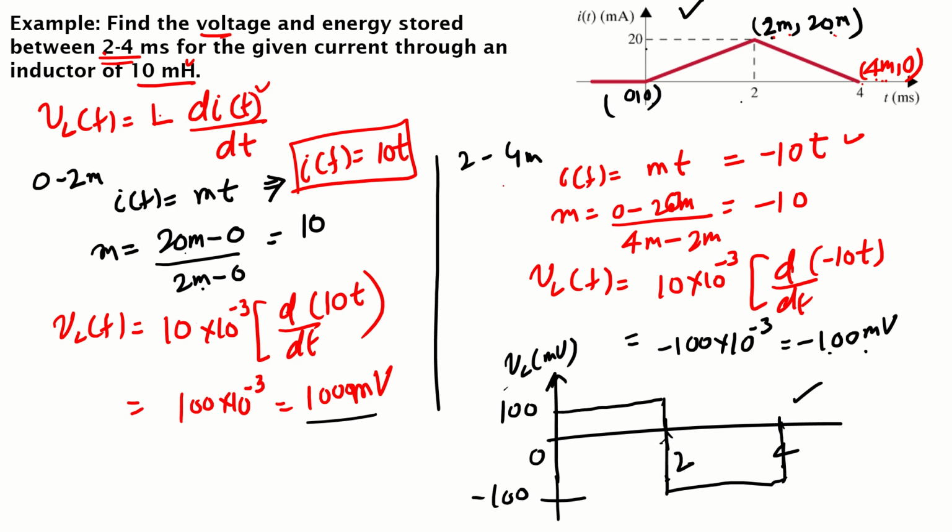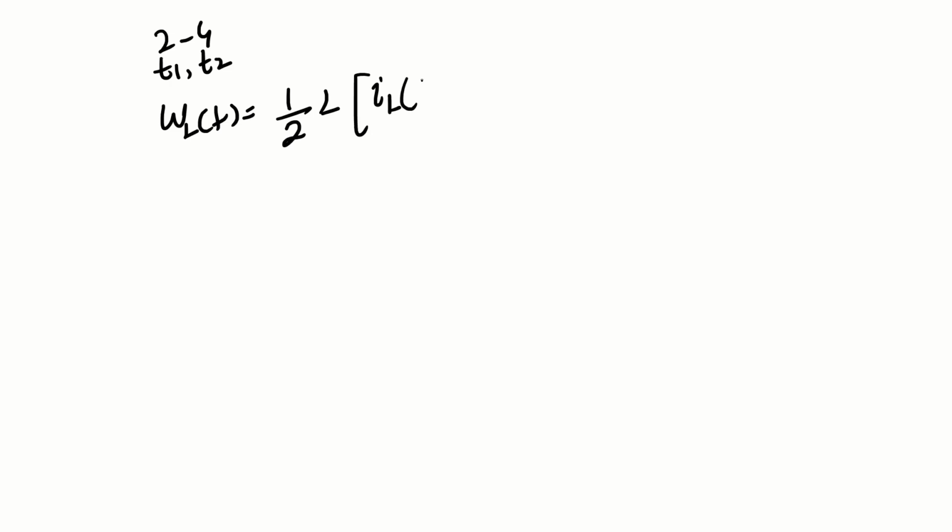The second part of the question is to calculate the energy stored between 2 and 4 milliseconds. This is our T1 and this is our T2. The energy stored in an inductor is half of L times the current at T2 squared minus the current through the inductor at T1 squared.